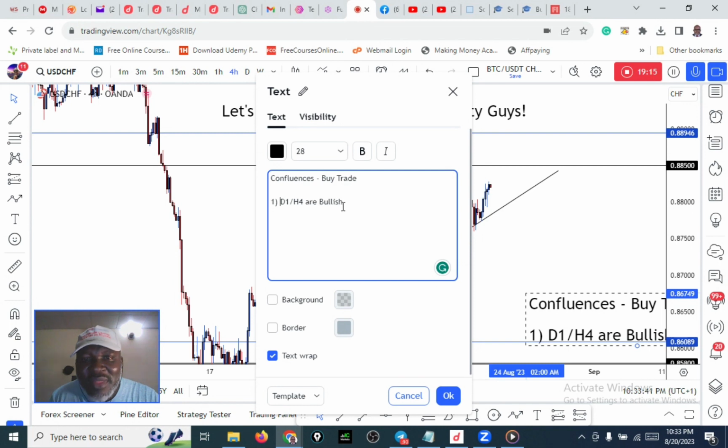The other one is that I've seen an ascending triangle, which is a bullish continuation pattern.